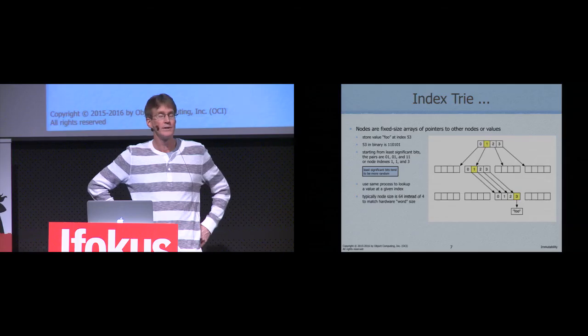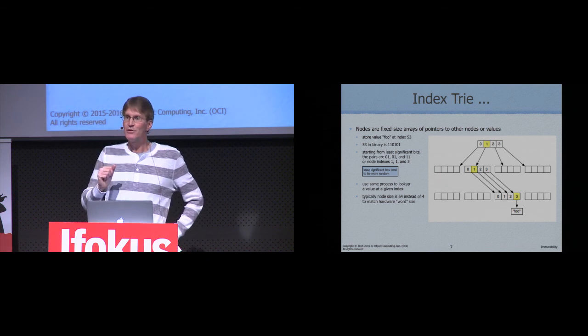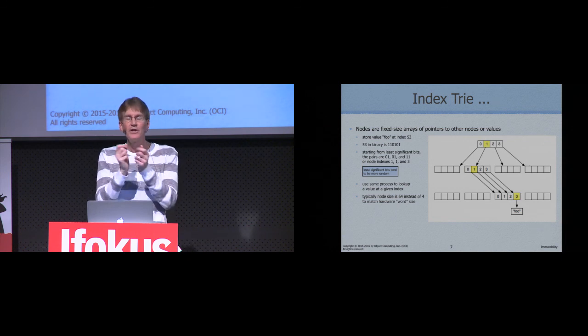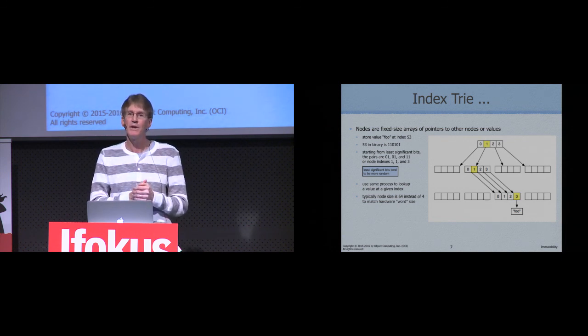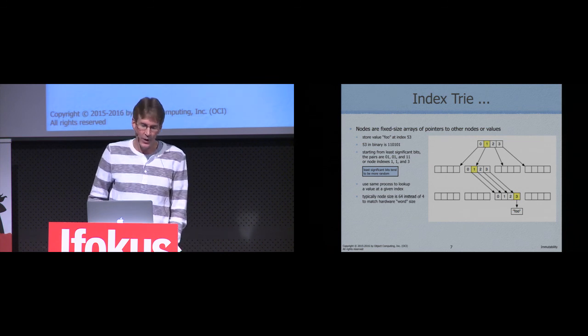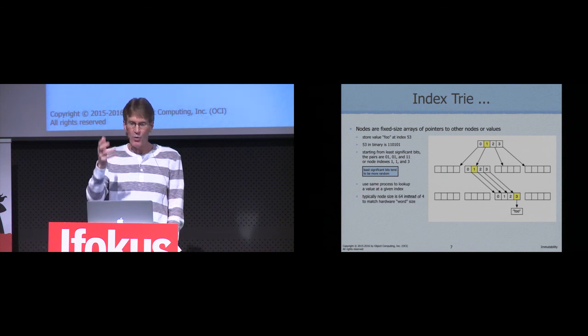So every node is a fixed size array, and because I chose 4, the values can only be 0, 1, 2, or 3. If I take that binary representation of 53 and split it up into pairs of bits, I get 01, 01, and 11. And when I treat those as decimal, I've got 1, 1, and 3.